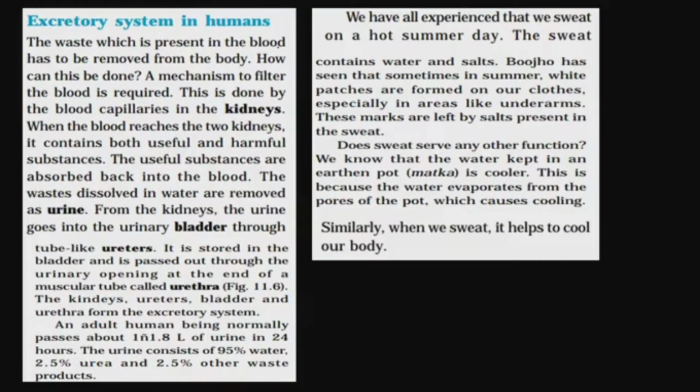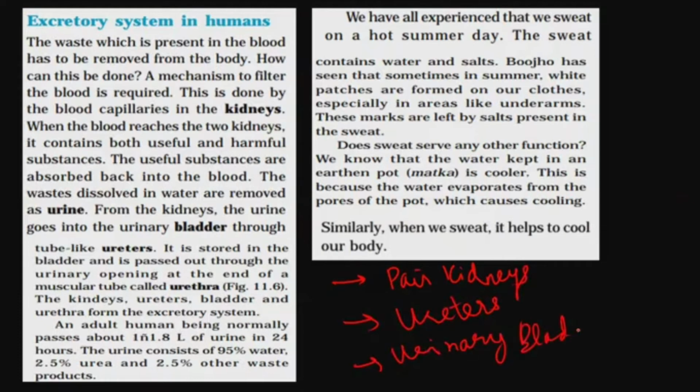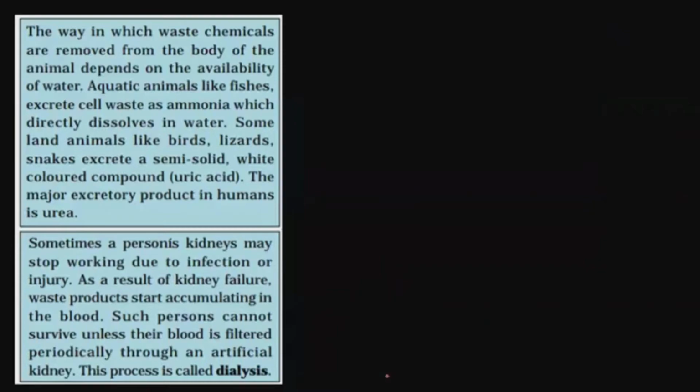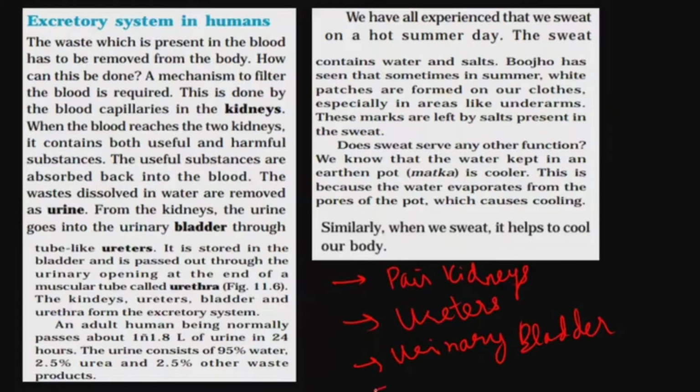Now we'll see the excretory system in humans. So the excretory system constitutes a pair of kidneys, ureters, a urinary bladder, and a urethra.